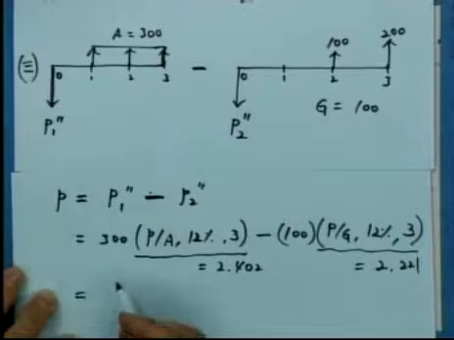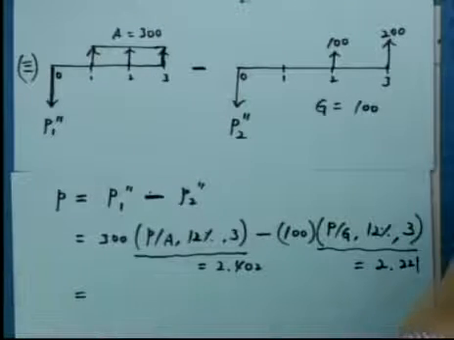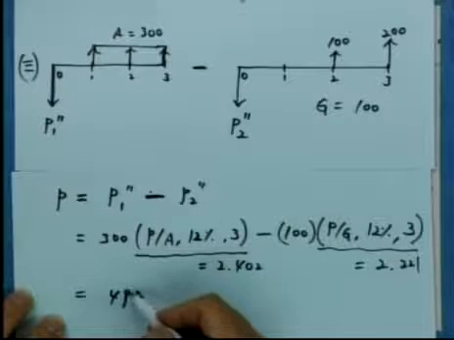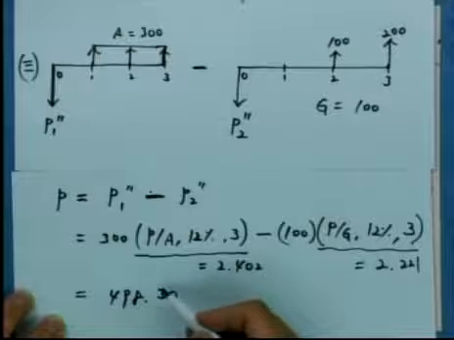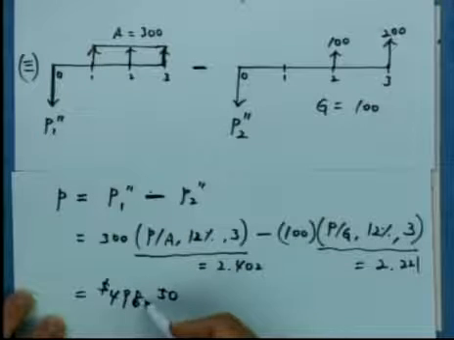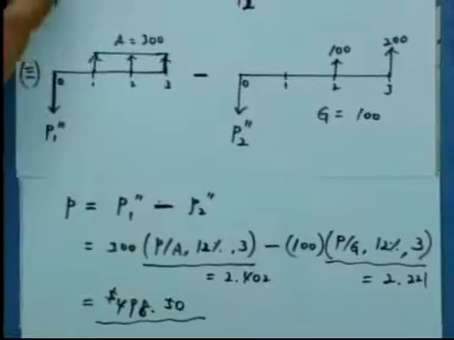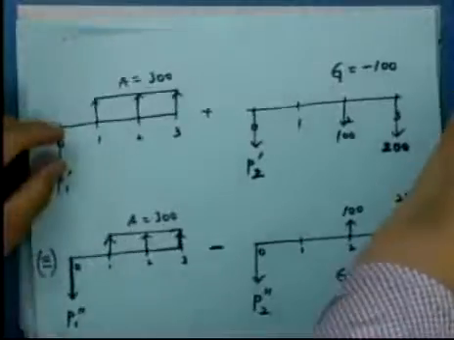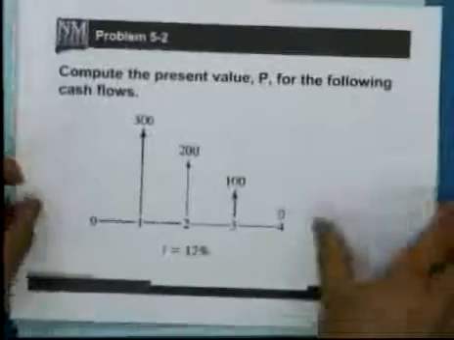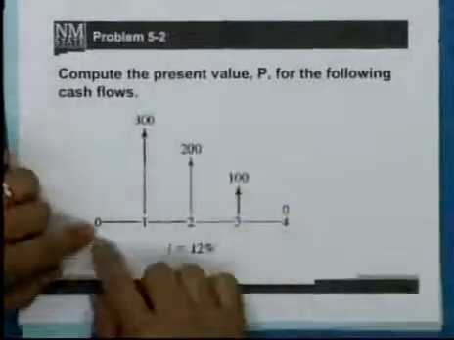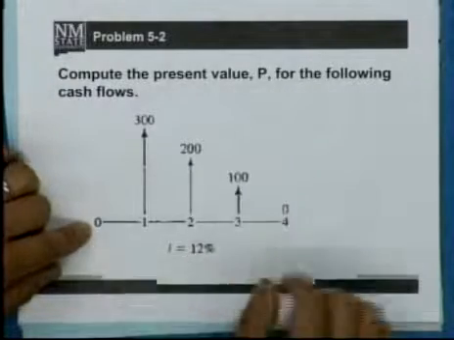So I believe the answer is the same as before, which is $498.50. Okay. So as you can see, for a given cash flow diagram, you can get the present value using several different methodologies. Okay, several different ways.